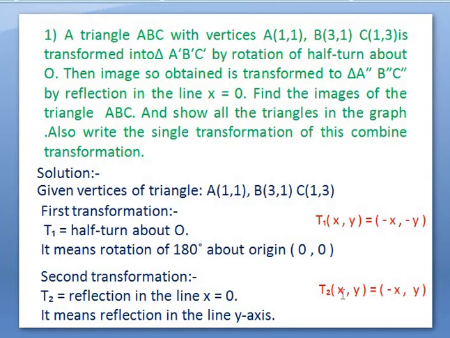Only the x coordinate changes sign and the y coordinate remains the same. Using this formula we get the first image, and the image so obtained is again transformed by the second formula. So we obtain two images.